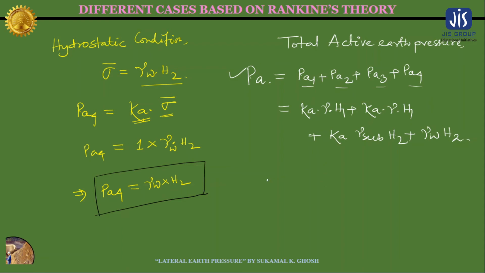Okay. So if you simplify it, you will have PA is equals to 2 Ka gamma H1 plus H2 into Ka gamma submerged plus gamma W. Okay.